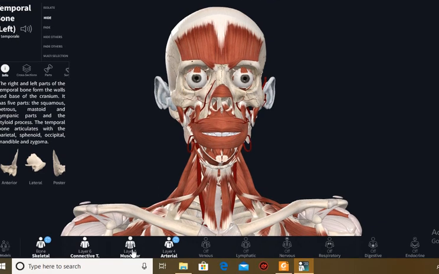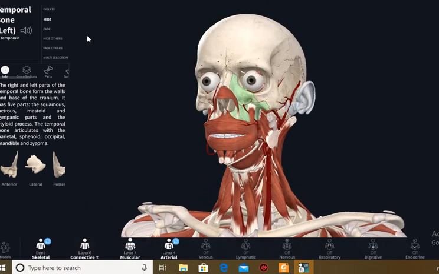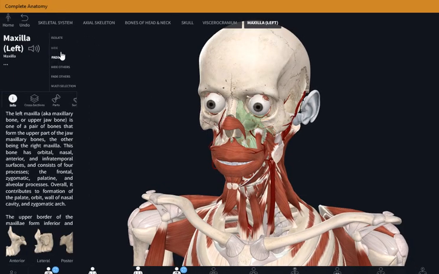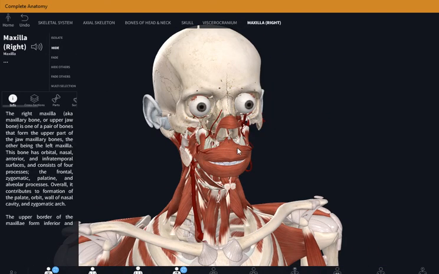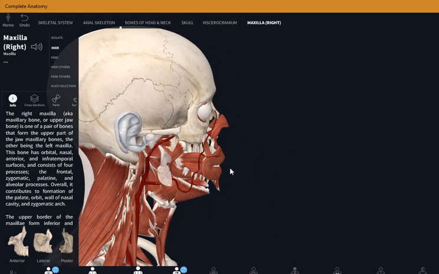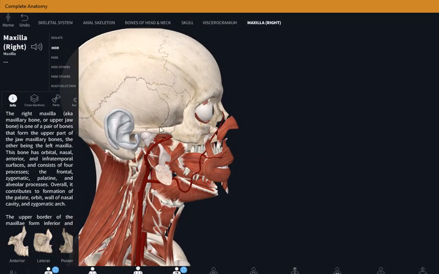So now let's visualize other muscles, the palate muscles, by fading the maxillary bone. So we fade the maxillary bone, or we just hide it. We hide the next maxillary bone. Now you are going to visualize this muscle, we hide it.